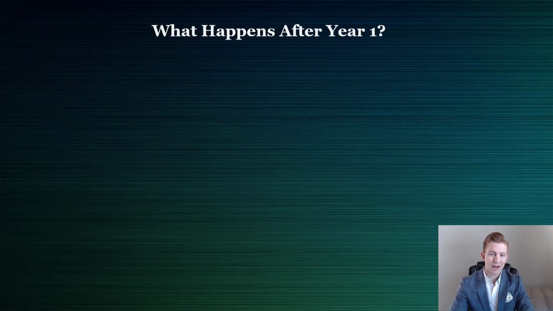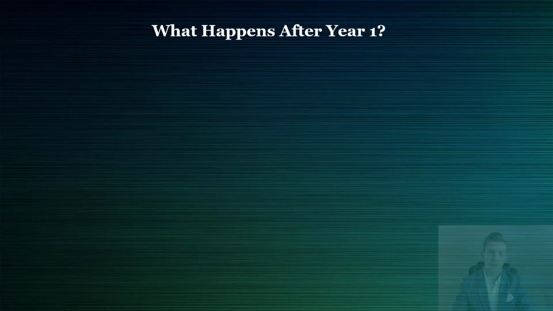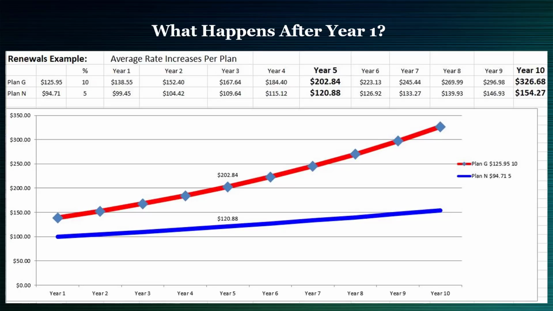So let's look at what happens after year 1 and why is Plan N becoming so popular for folks. The reason Plan N is becoming so popular is because of the rate increases and how stable they are compared to the other plans.